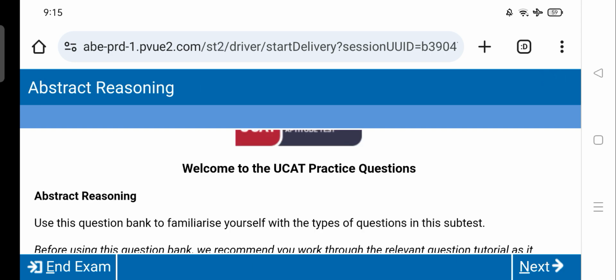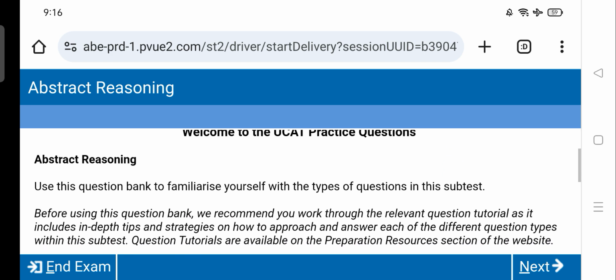So welcome to the UCAT practice test questions of abstract reasoning. So now we are going to start the abstract reasoning practice test questions. Use this question bank to familiarize yourself with the types of questions in this subtest.